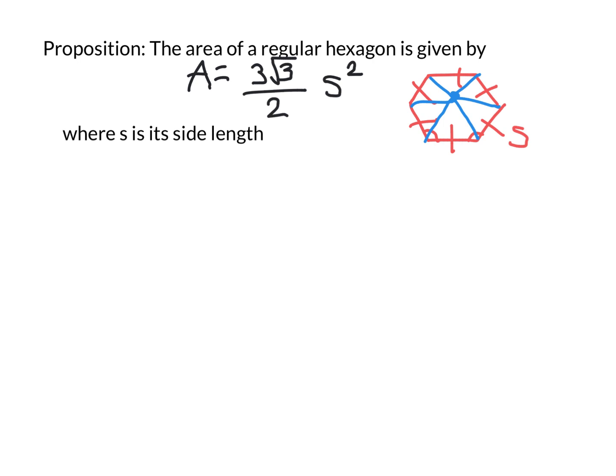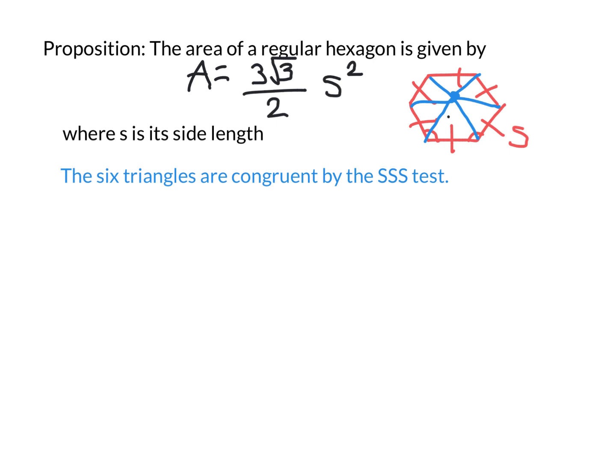Each of the blue lines, 1, 2, 3, 4, 5, 6, must be equal in length to each other. So each of these 6 triangles has 2 of the blue lines that are equal and 1 of the red lines that are equal. So they're all congruent by the SSS test. They all have the same set of side lengths. Now we know that if triangles are congruent, then corresponding angles are equal.